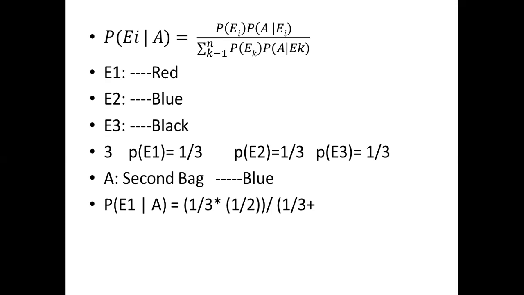Then 1 by 3 plus, and n we don't consider, multiplied by A of K. I need to go for the addition of all the events multiplied by the occurrence of A with respect to P. Then 1 by 2. This will be my denominator.